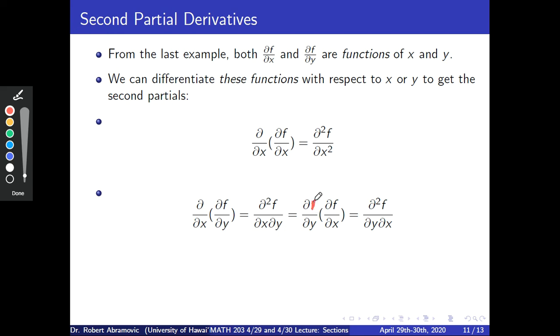It should have been d dy, the partial of df dx with respect to y is equal to d squared f over dy dx. Now these are called the mixed partials because you're differentiating first with respect to x, then with respect to y, or vice versa. First with respect to y, and then with respect to x.